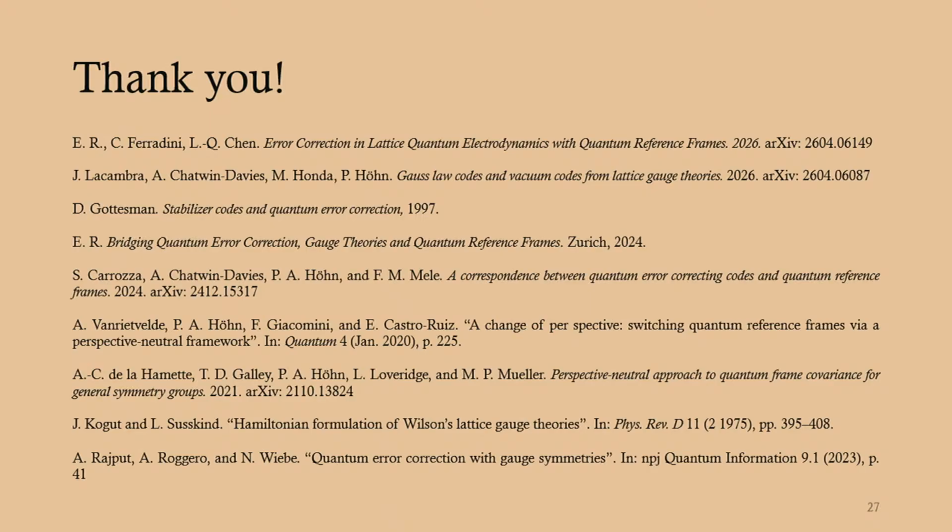Then your stabilizers are either U-type stabilizers like here, or you can also have exponentials of these epsilons as stabilizers. So it's just a formulation or a generalization of stabilizer codes to U1 systems.